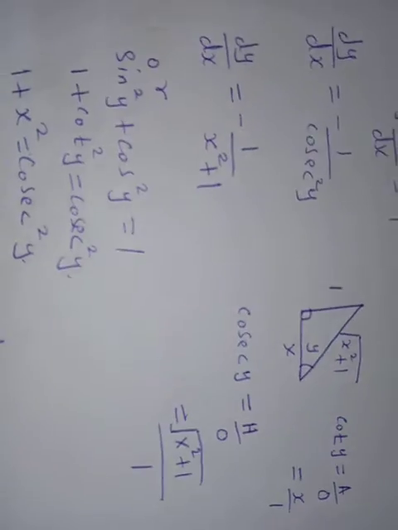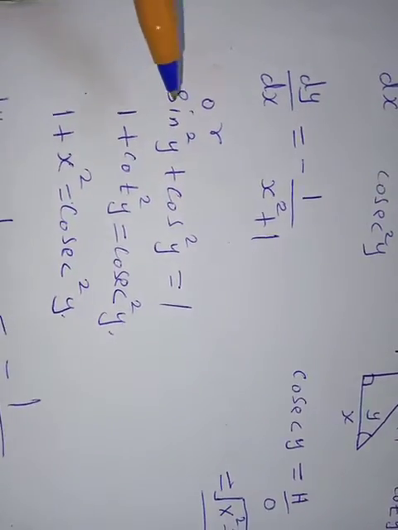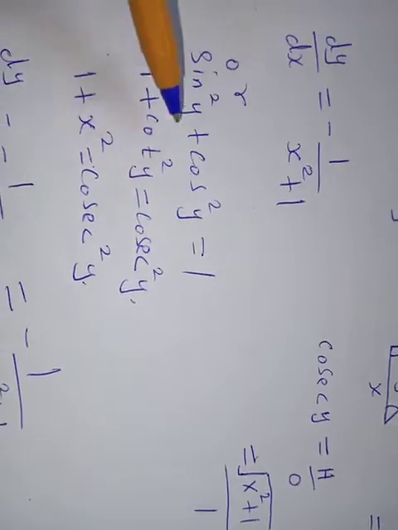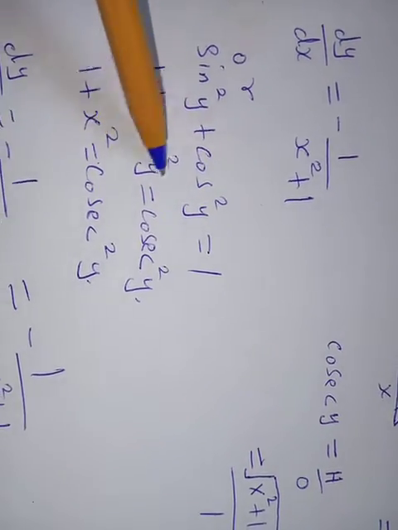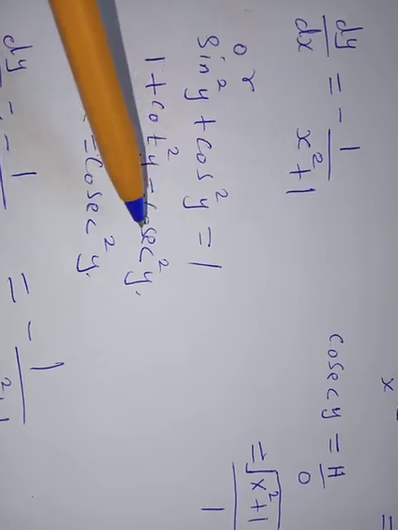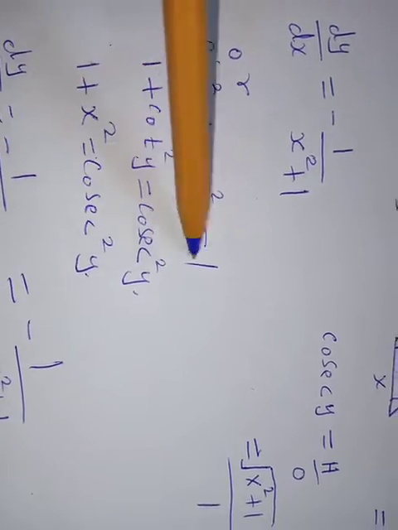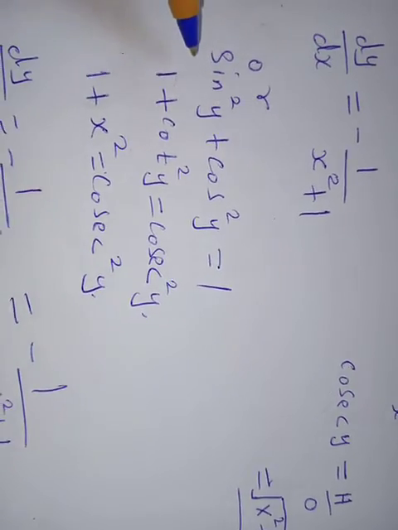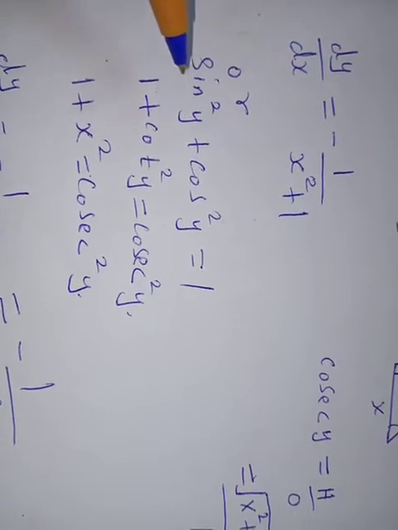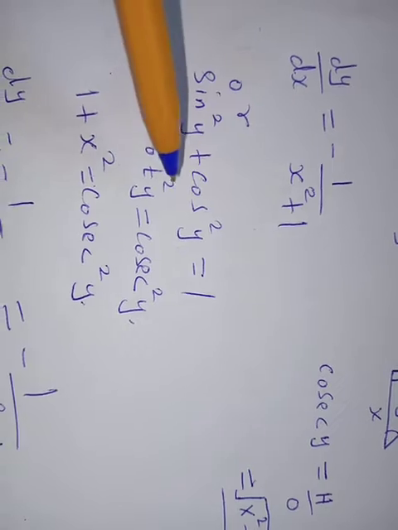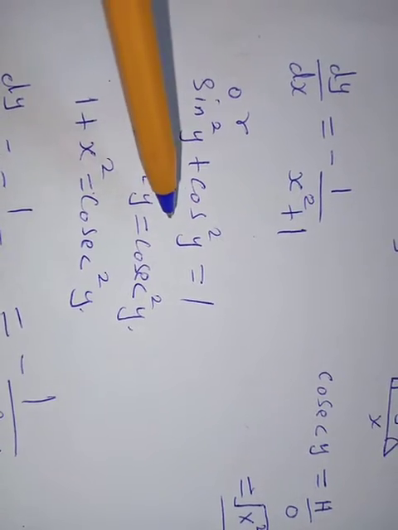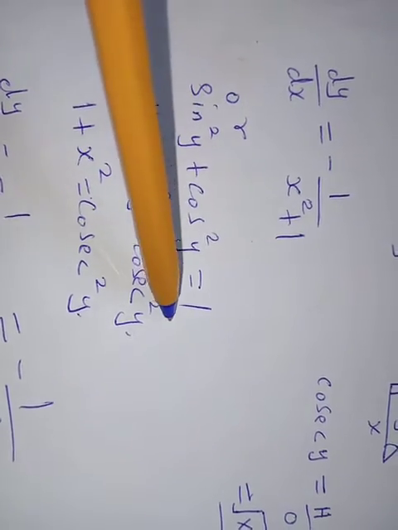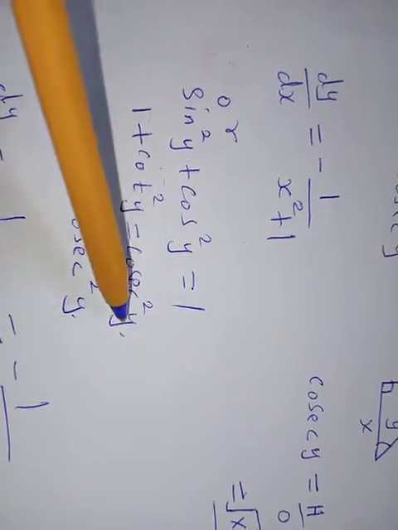Alternatively, you can use this simple trigonometric ratio: sin squared y plus cos squared y is equal to 1. I have divided here by sin squared y. Cos squared y divided by sin squared y is equal to cot squared y, and 1 over sin squared is cosec squared.